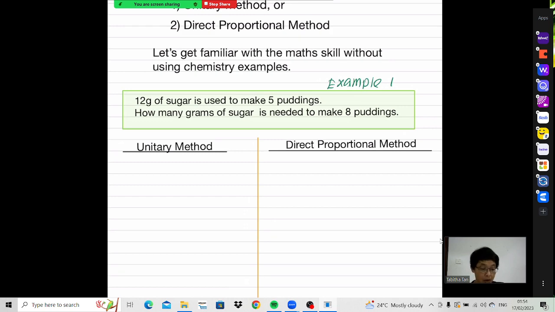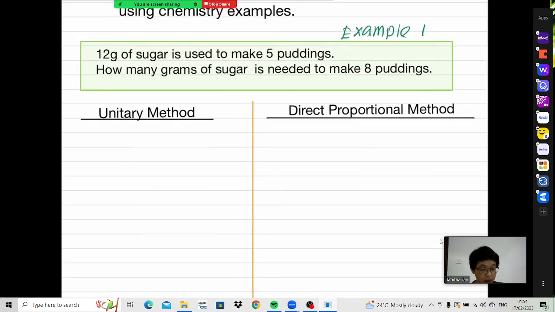I'm going to demonstrate both of the methods, and both of them will come to the same answer. You can comfortably choose which one works best for you.